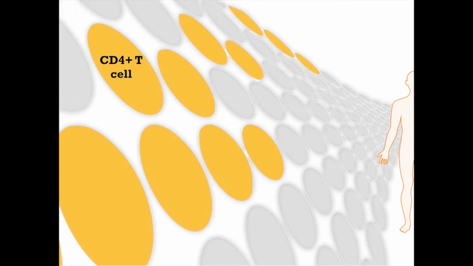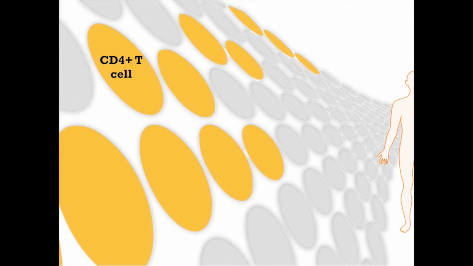So if we take a sample of blood and we focus specifically on white blood cells, most of the cells within a sample of blood are irrelevant to HIV infection. So most of those cells are not susceptible to HIV infection and do not carry HIV. And there was a really nice conversation about this earlier, but CD4 T cells are the principal target for HIV infection in peripheral blood.